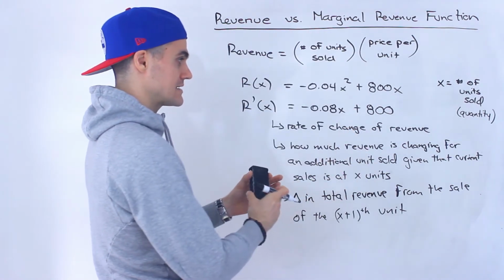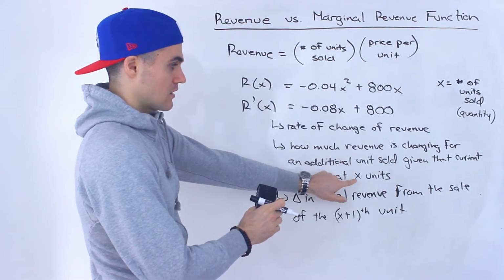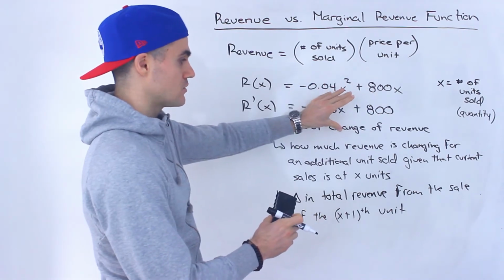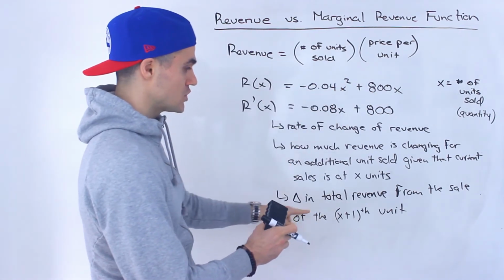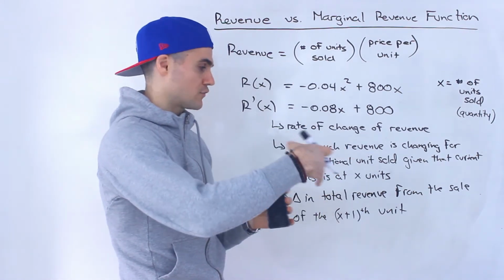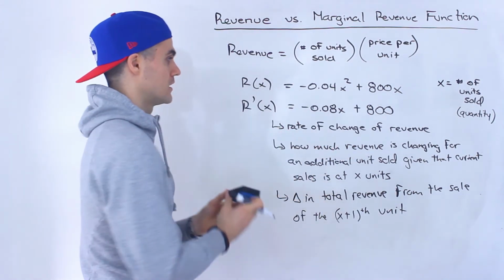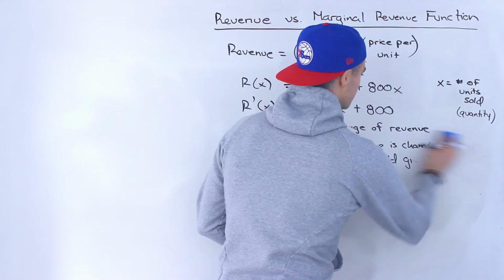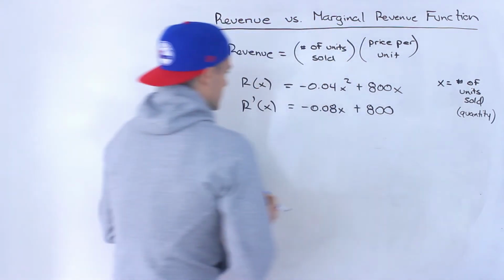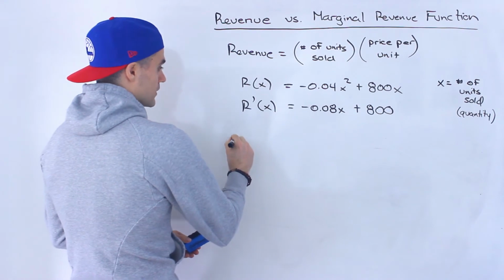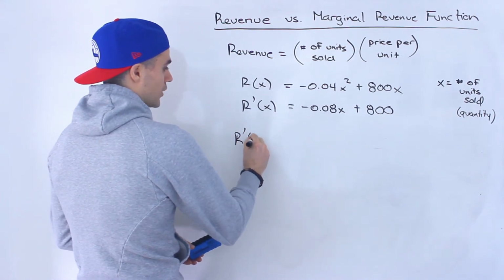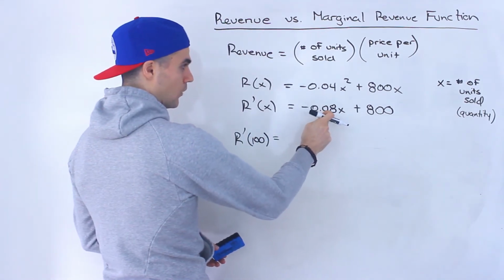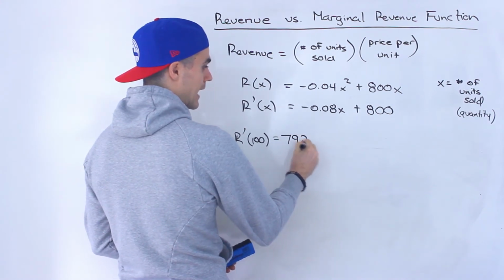Right, so given that sales is, let's say, at X units, so let's say it's at 100 units, if we plug in 100 over here, that value is going to be how much the total revenue is going to change from the sale of the 101st unit. So let me show you with numbers what I mean by this so you don't get confused. So let's take that example with 100. If I find R prime of 100, if I plug in 100 over here, what I'm going to end up getting is 792.